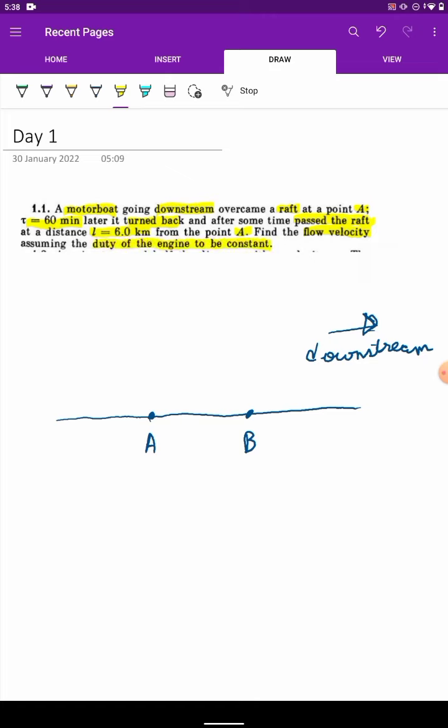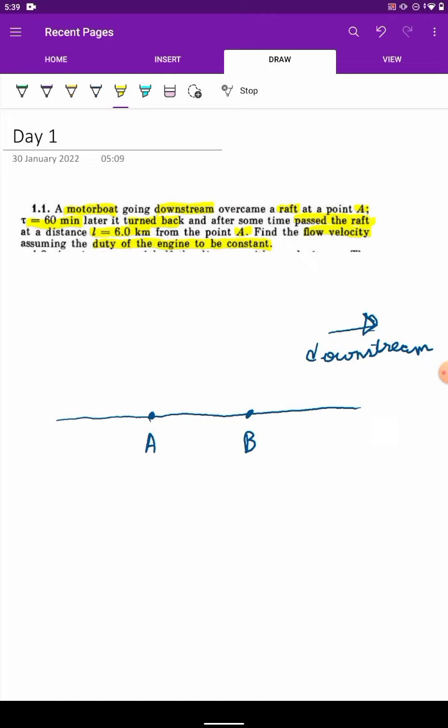Okay, fine. So we have read the whole question now. We have highlighted some of the important stuff and drawn the figure, but we also have to incorporate these two variables into this. They are asking the flow velocity. The direction is obviously downstream, so basically they are asking the speed of the stream or the river, assuming the duty of the engine to be constant.